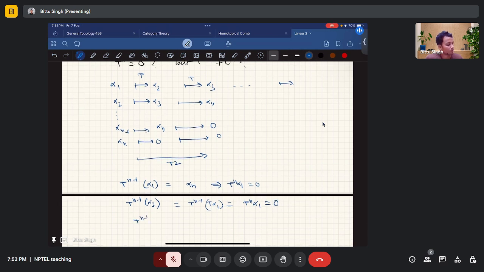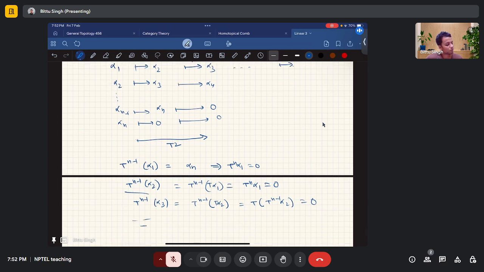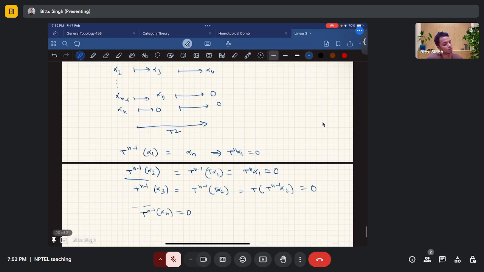Similarly, you can prove T to the power n minus 1 alpha 3 is the same as T to the power n minus 1 T alpha 2, which can be written as T composed to the power n minus 1 alpha 2, which is 0 by the first thing. Similarly, after this, all of T to the power n minus 1 alpha n will be 0.